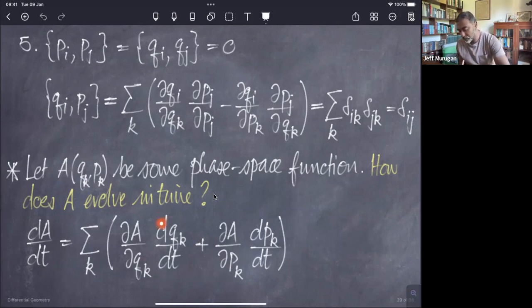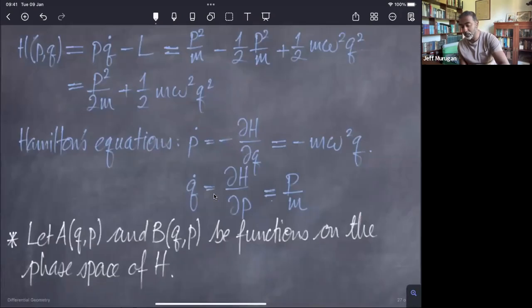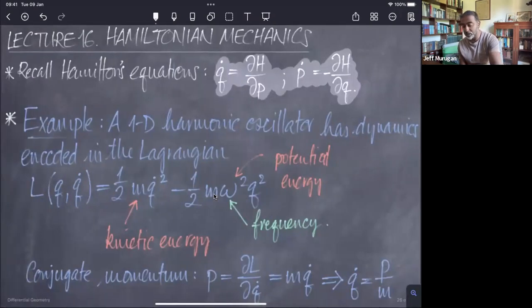These two things, Q dot and P dot, we get from Hamilton's equations. So Q dot, I remind you, Hamilton's equation tells me that Q dot is dH by dP, and P dot is minus dH by dQ.